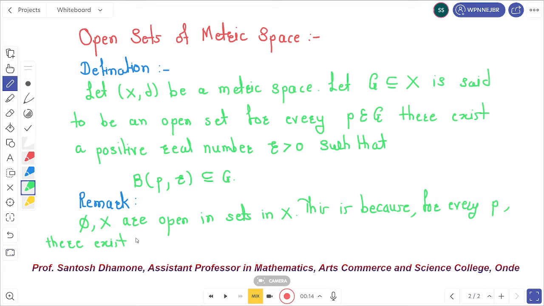For every p belonging to X, the open ball about this p with radius r is again contained in X. This implies that capital X is an open set.